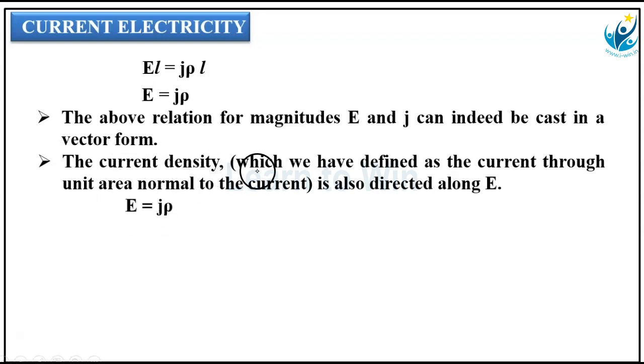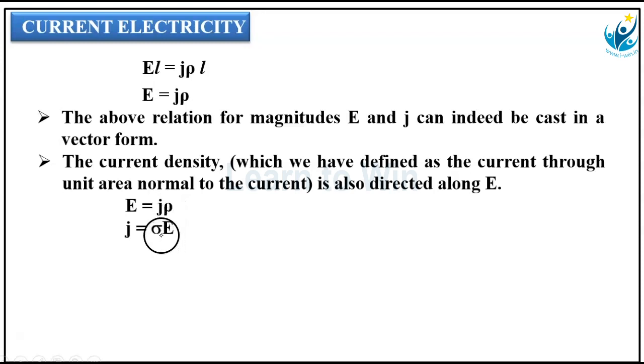The current density, which we have defined as the current through unit area normal to the current, is also directed along the electric field direction. Means the direction of current density is also along the direction of electric field intensity, where J is equal to E by rho. Rho is the resistivity.